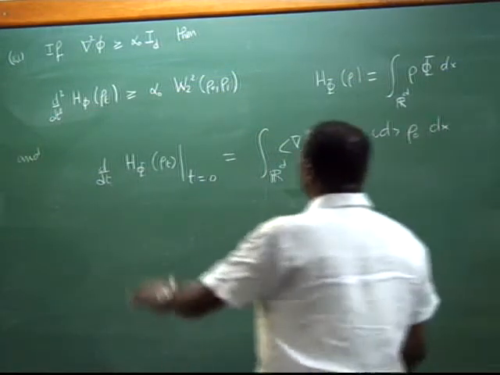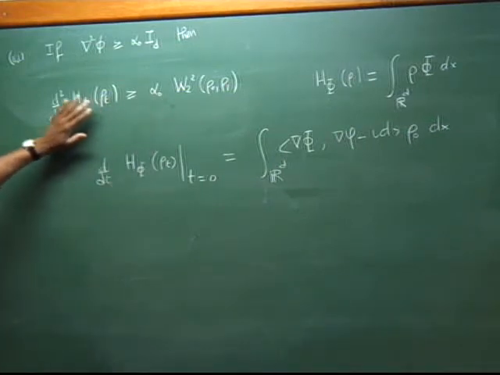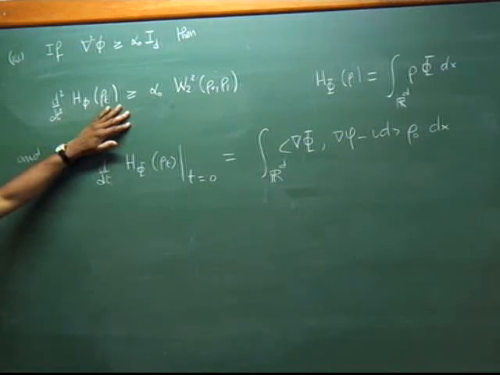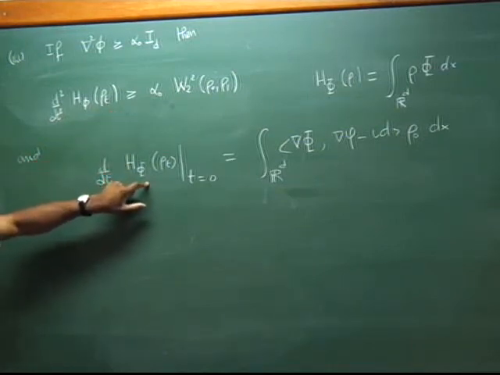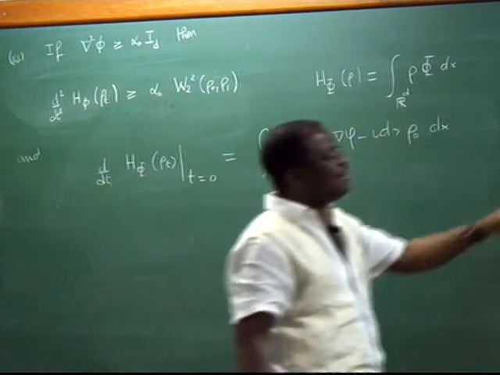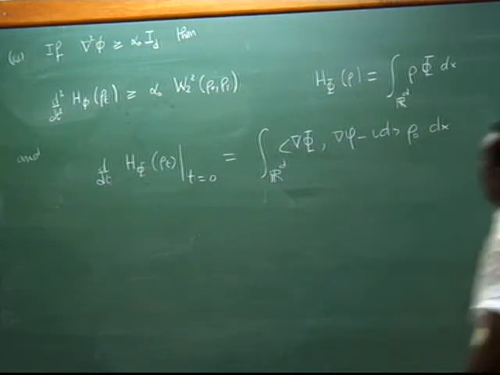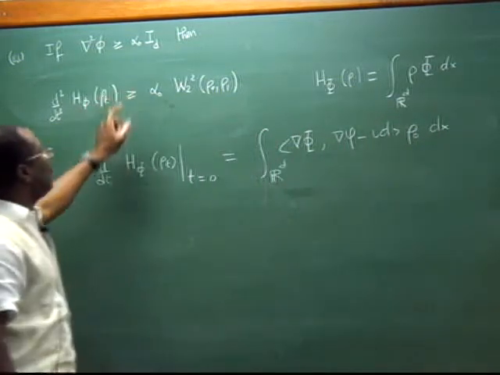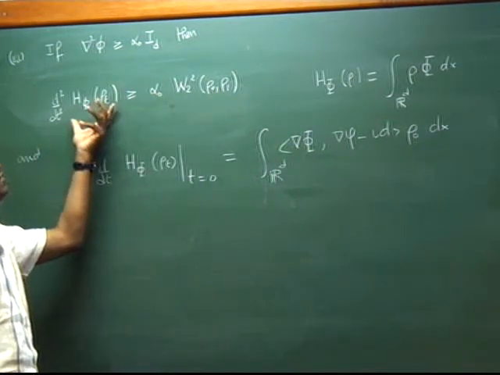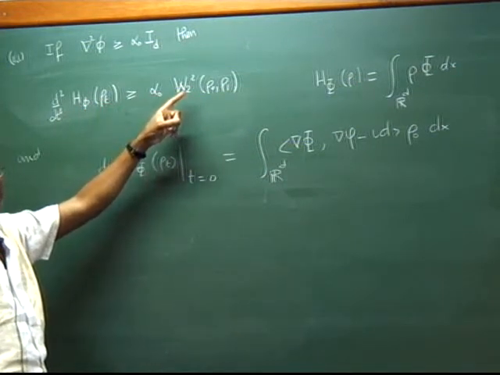So observe that if alpha naught is strictly positive, this will imply that the second derivative is bounded below by a positive constant, and so this functional will be uniformly convex. In particular, if I take phi to be s squared over 2, then alpha naught is 1, and so this is telling me that the second derivative of H is bounded by the Wasserstein distance square.